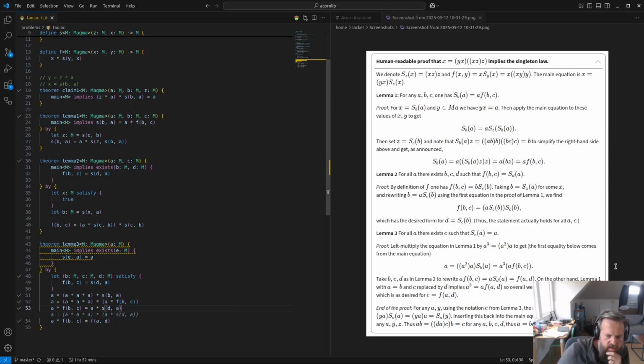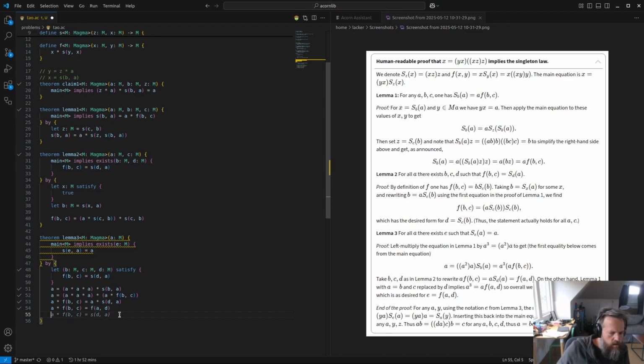On the other hand, lemma 1 with A equals B and C replaced by D implies this thing. Okay, so this is the next conclusion. A cubed. All right, great. And that's good enough to prove lemma 3.